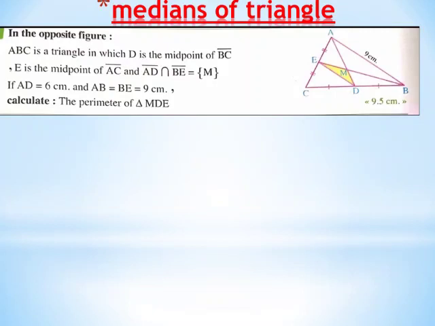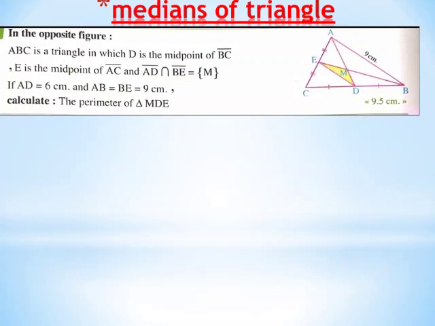And I have two lines, AD and BE, that intersect at the point M. The length of AD equals 6 and the length of BE equals 9. We want to calculate the perimeter of the triangle MDE, the yellow triangle here.